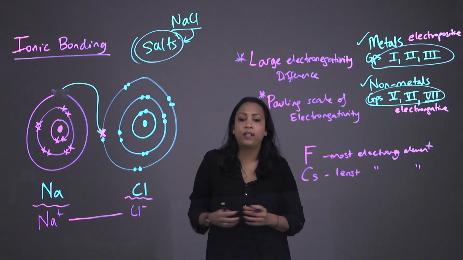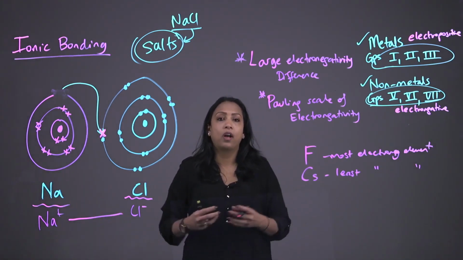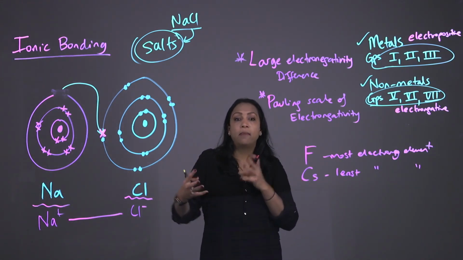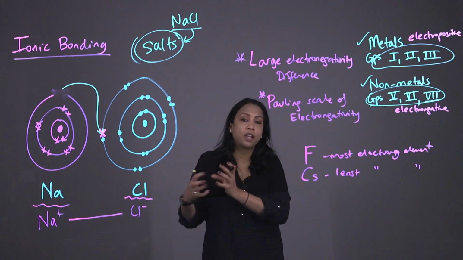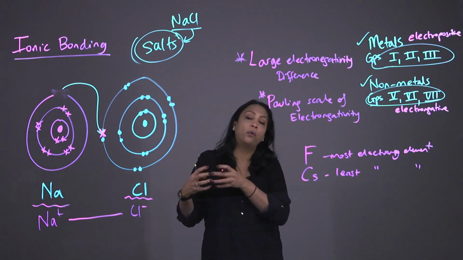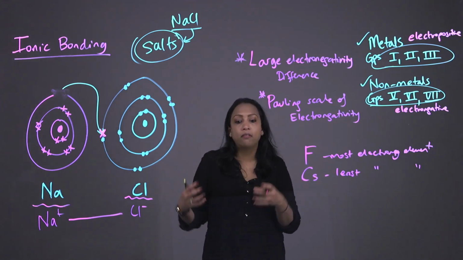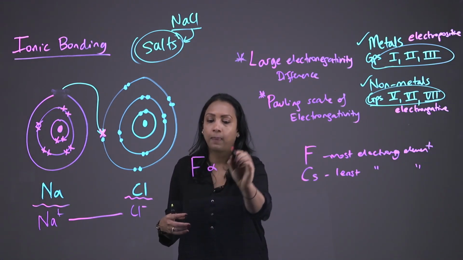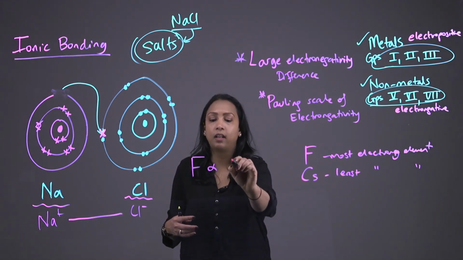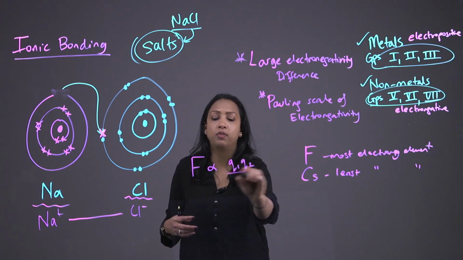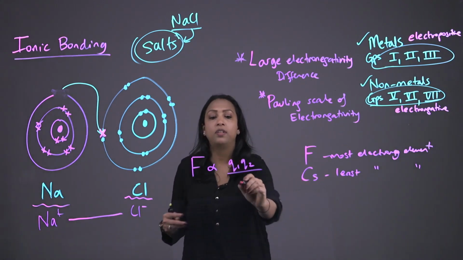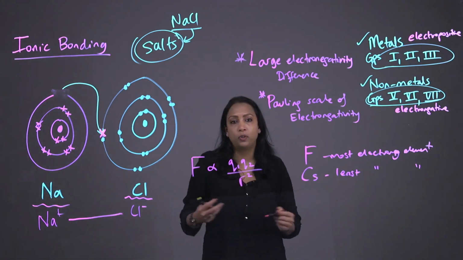Now, the strength of an ionic bond can be described using what we call Coulomb's law, which states that the magnitude of the electrostatic force between two point charges is directly proportional to the scalar multiplication of the two charges, and inversely proportional to the square of the distance between them.